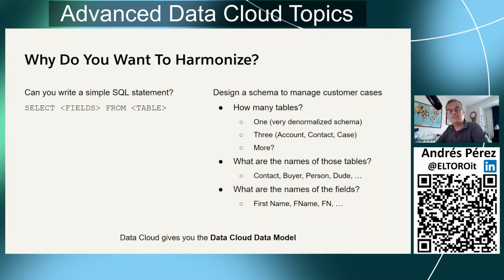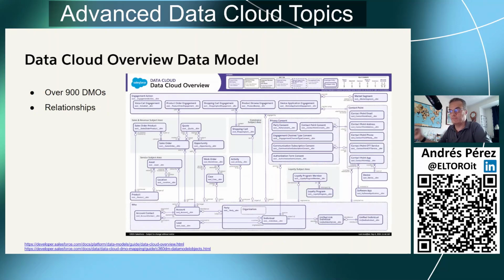Data Cloud gives you the Data Cloud data model, which is a collection of over 900 DMOs. This picture represents some of the most common or important objects, or DMOs, in the Data Cloud data model.